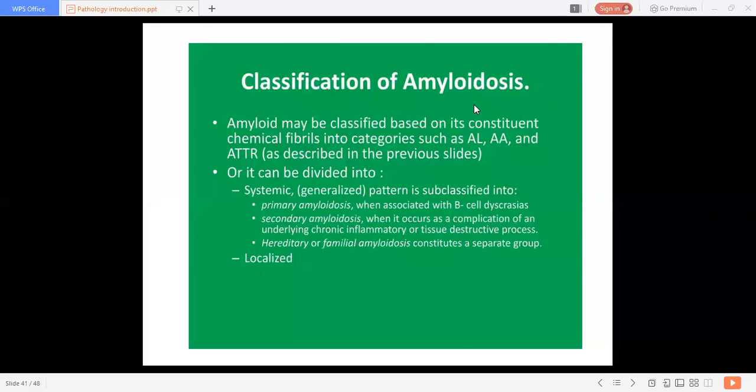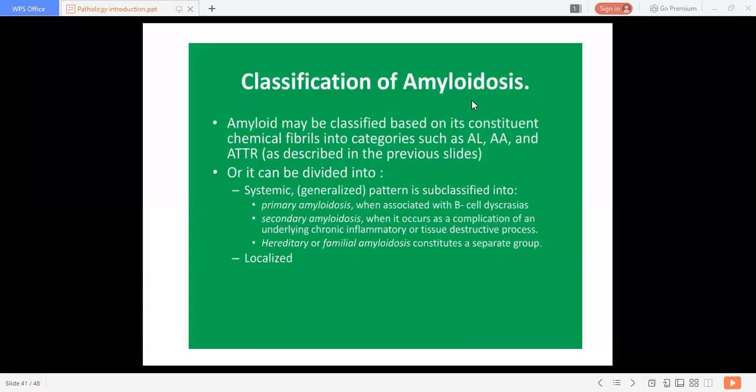It is never observed in the liver and spleen, the abdominal organs, in this generalized primary amyloidosis; it is more often observed in secondary. And which type of amyloid gets deposited in this first type, AL or AA? AL amyloid gets deposited in this generalized primary amyloidosis.